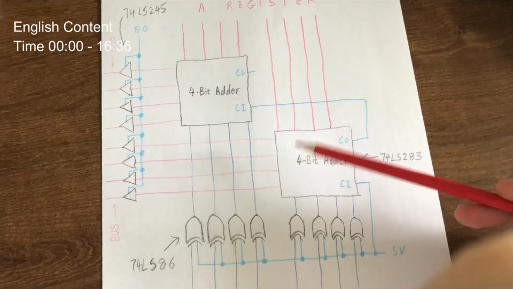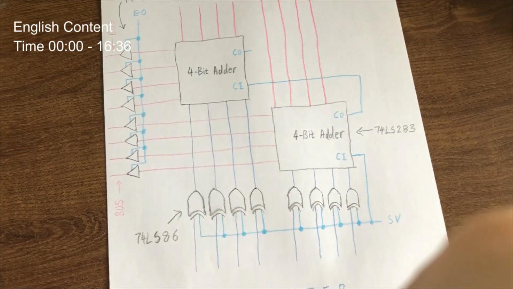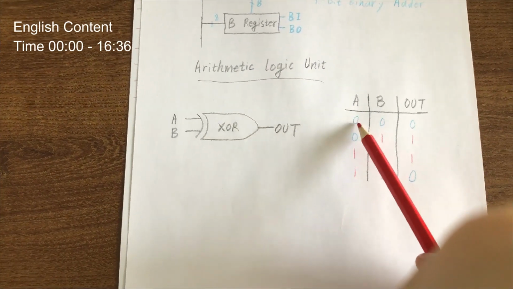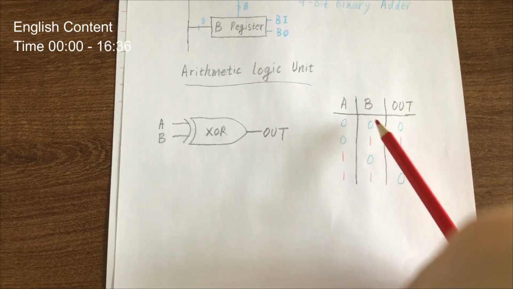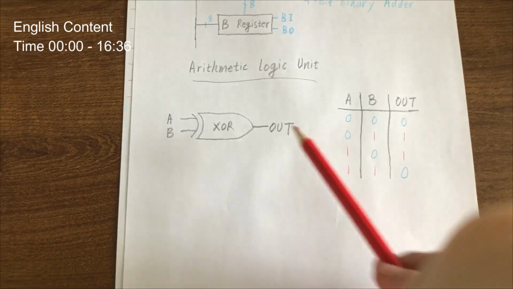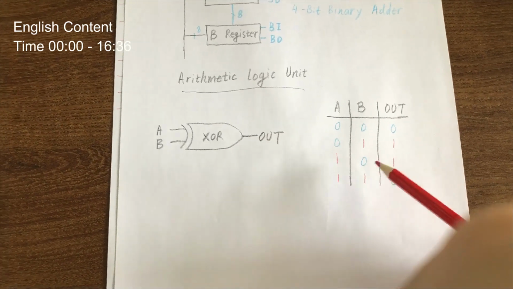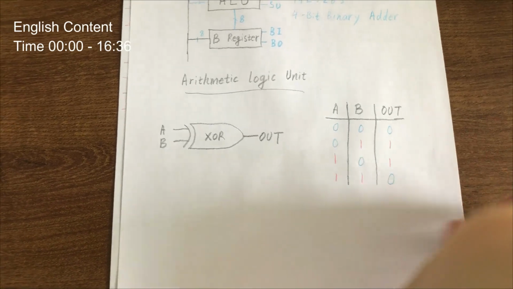When it's adding, here we're using these XOR gates. With XOR gates, when the signal is 0, it will output its numbers as they are, so it will just do the adding. When it is 1, the number will be inverted.